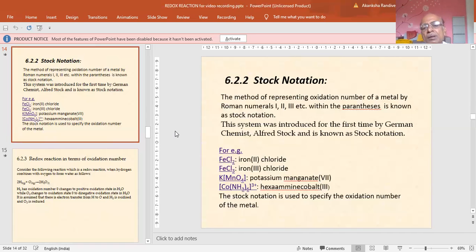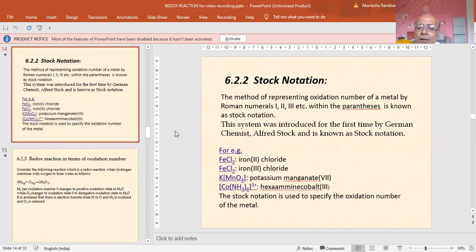So the NH3 has a 0 charge, and therefore the oxidation number of cobalt will be the charge on this ion. So [Co(NH3)6]3+, the oxidation number of cobalt, Co, will be 3+. So the oxidation number is 3, and hence the stock notation of this compound can be written as hexaamminecobalt in bracket 3.